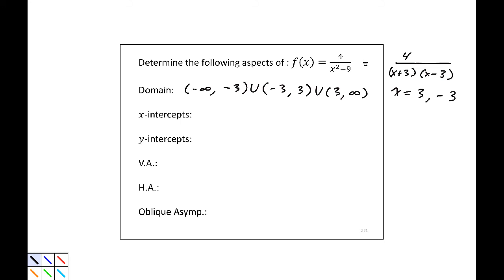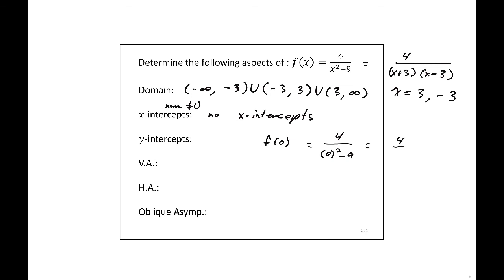All right, now, because our numerator is never 0, we have no x-intercepts. Now for the y-intercept, we can again calculate f of 0, which is 4 divided by the quantity 0 squared minus 9, which would be 4 divided by negative 9.